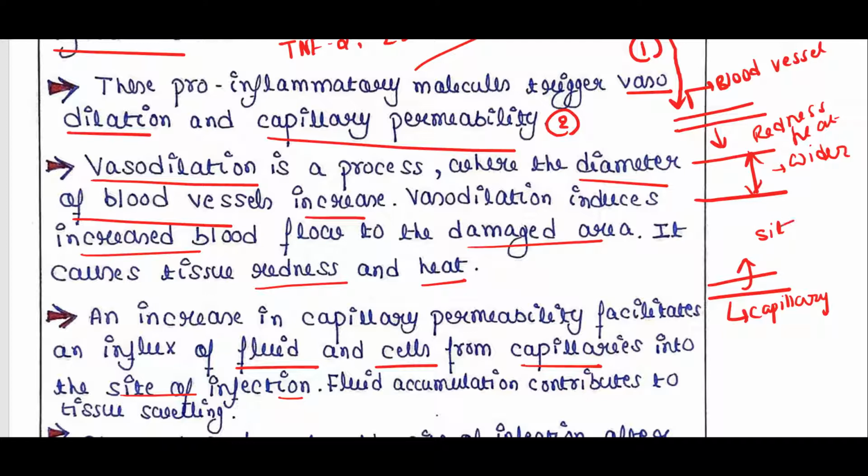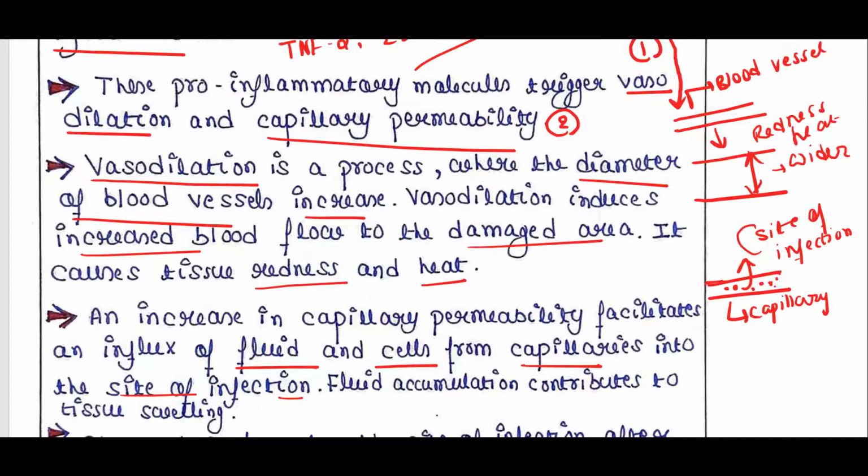Suppose this is the site of infection. This is called capillary permeability because the capillary is now permitting some immune cells to reach the site of infection from the blood.